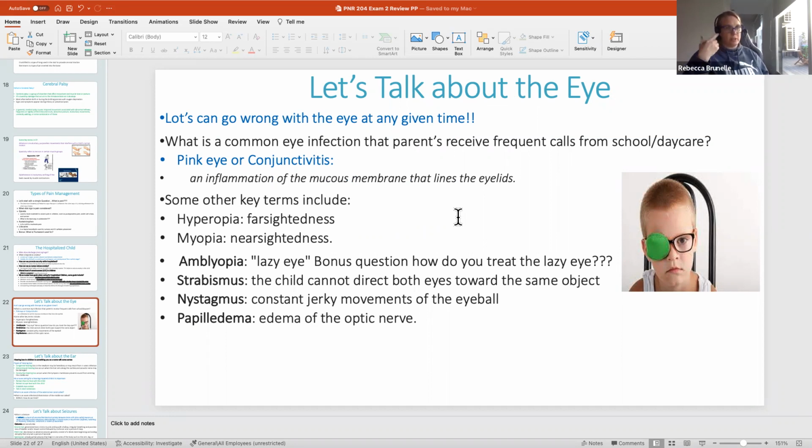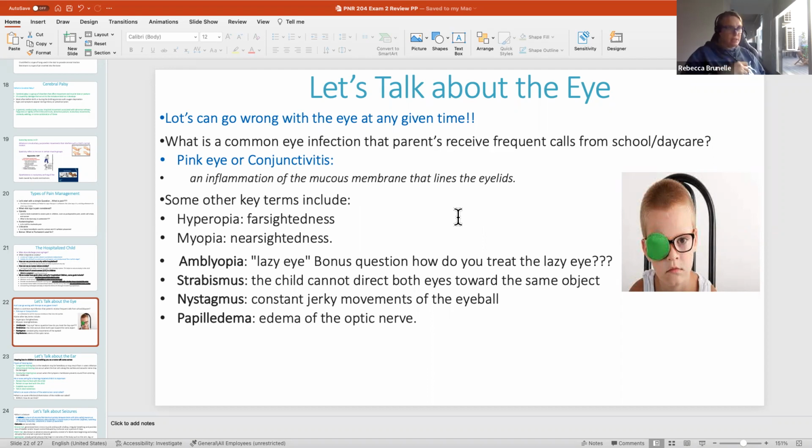When you teach parents to clean the eye, when a child has conjunctivitis, you start in the inner corner and then you wipe out, and you make sure that you throw away that cotton ball. It's almost always treated with an antibiotic ointment or drops, and you need to make sure that parents know to finish the antibiotic course.